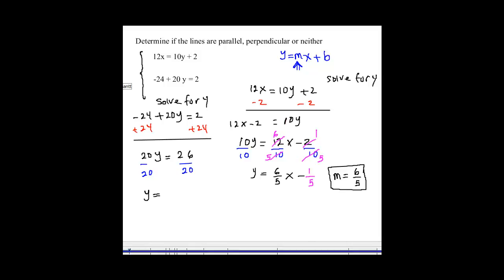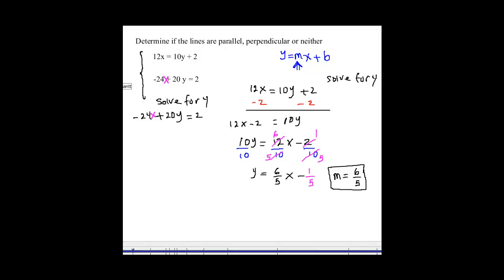Yeah, it's supposed to be X somewhere here, so I meant to put X here. Sorry. Minus 24x plus 20y is equal to 2. So let's correct all these.